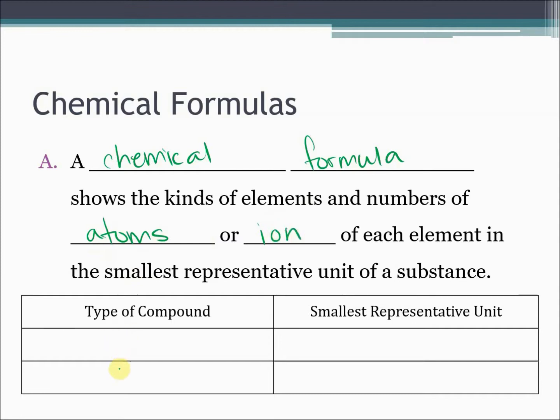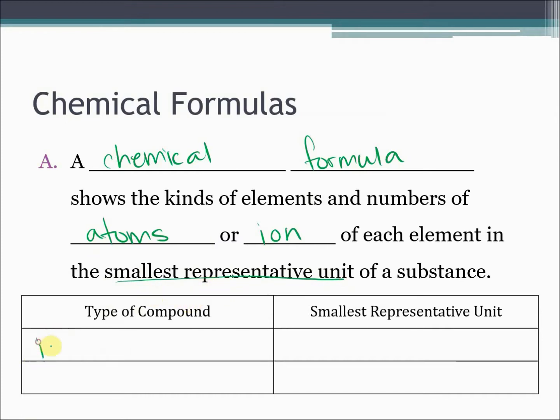It's basically like a recipe. To make this compound, you need this many atoms of this and this many atoms of that. And we have two different terms for the smallest representative unit depending on the type of compound we're talking about.